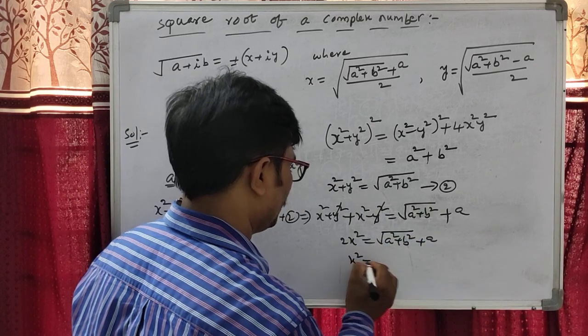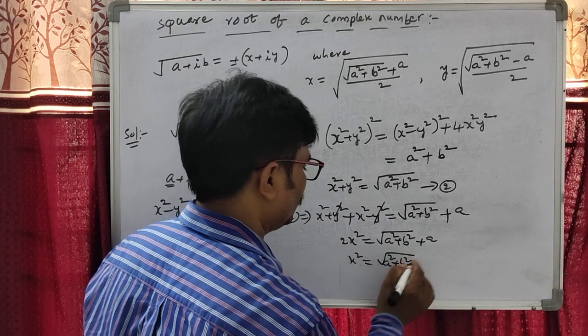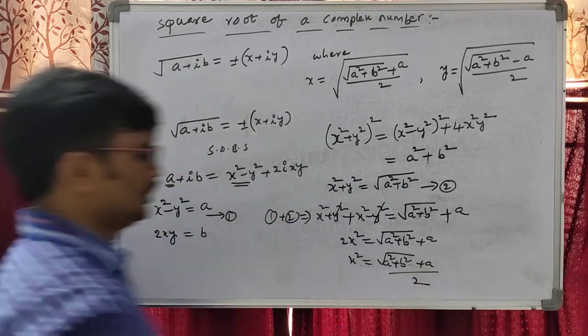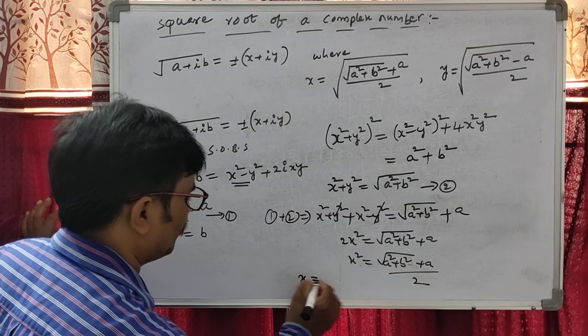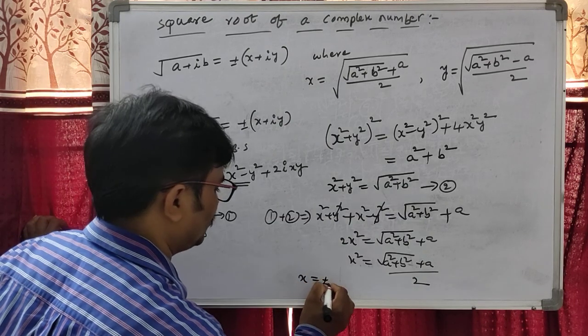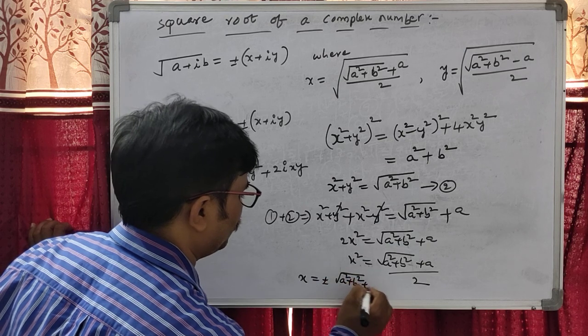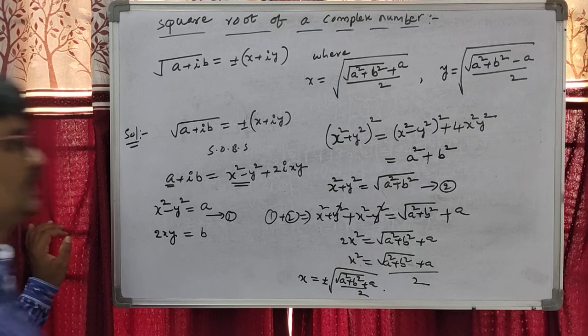So x squared equals root of a squared plus b squared plus a, whole by 2. Now x equals plus or minus root of root of a squared plus b squared plus a, whole by 2. This is x.